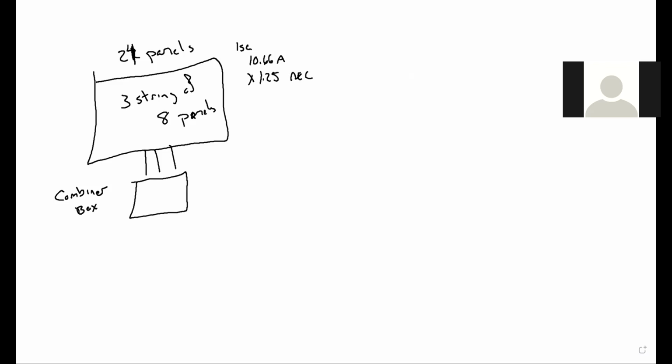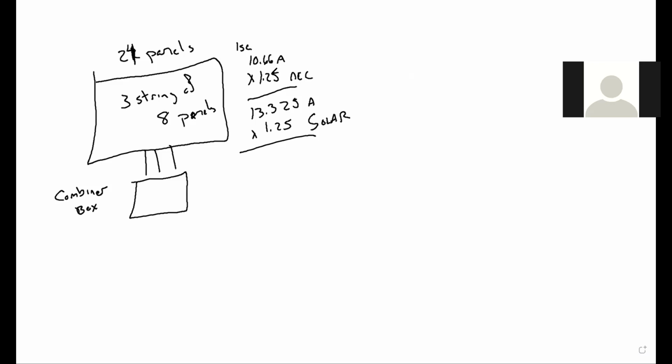So that's going to tell us that we have 10.66 times 1.25, and that's 13.325. All right, but then additionally, the NEC says for solar, we need to add in another 1.25 safety margin, because remember, these numbers are at STC, which is 1,000 watts per square meter, but we can have really as much as 1,200.